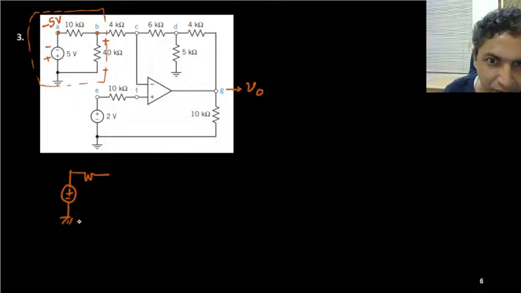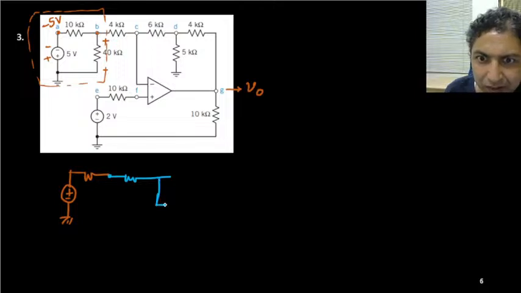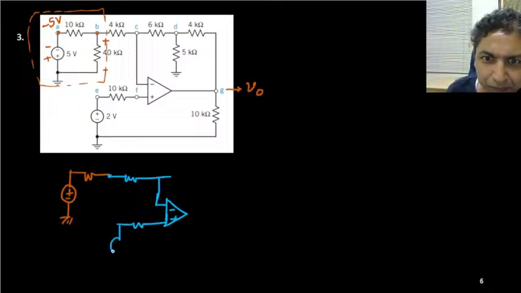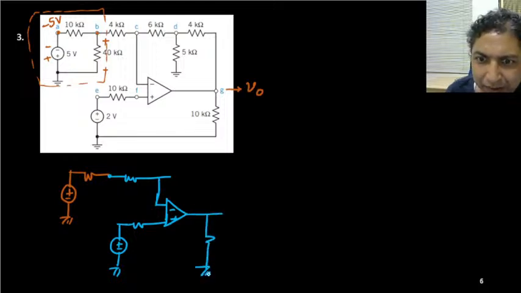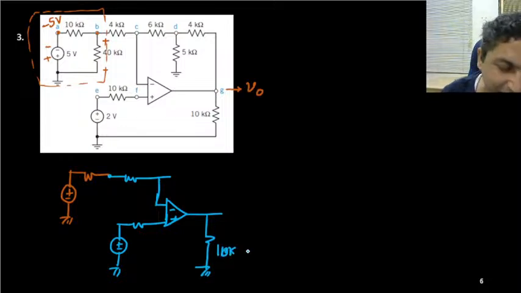So what is the Thevenin voltage? Try to understand, the rest of the network is this one. This 10K is connected at the output end, but it has no impact on the circuit.